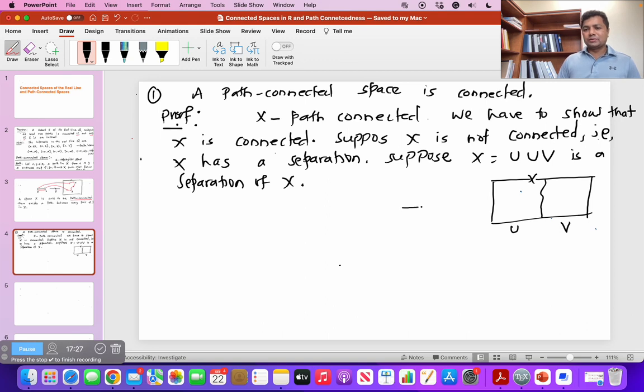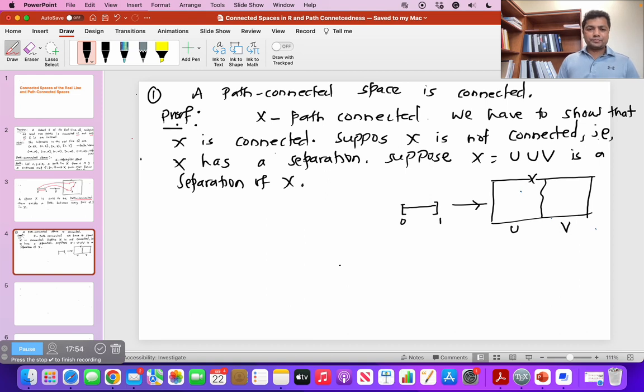A path is nothing but a continuous function from [0, 1] to this topological space X. So since X is path connected, for every pair of points in X, we can find a continuous function from [0, 1] to X.